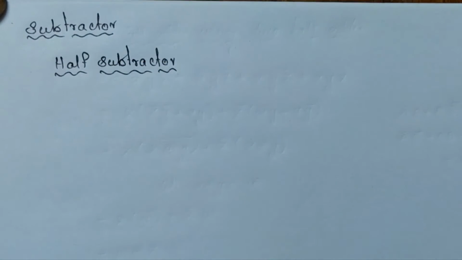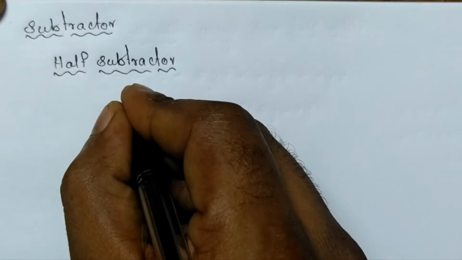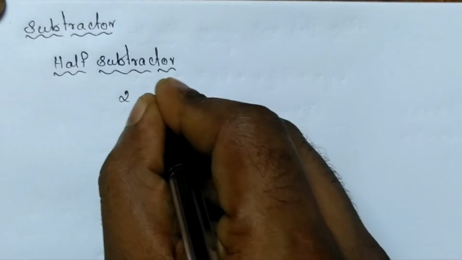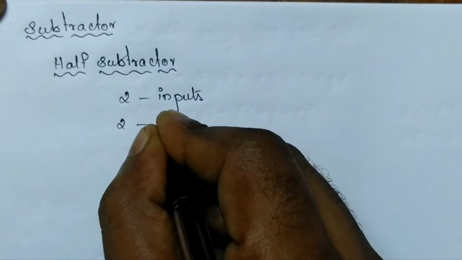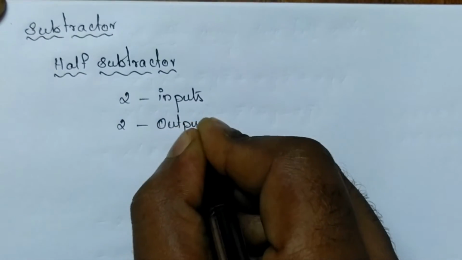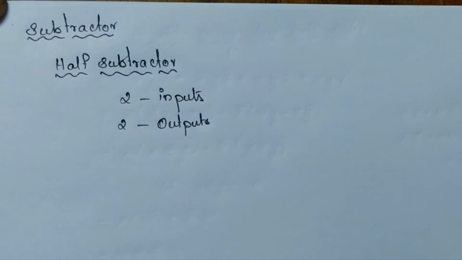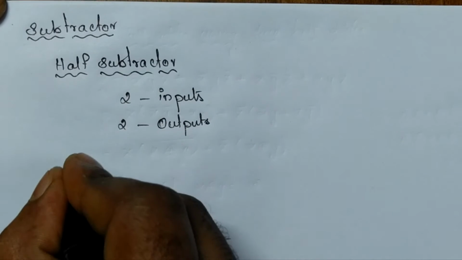Half subtractor is nothing but a circuit which receives two binary inputs and produces difference and borrow. So here we are having two inputs and two outputs. First we need to go for the truth table.